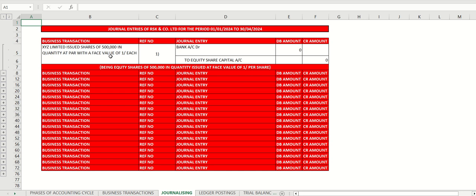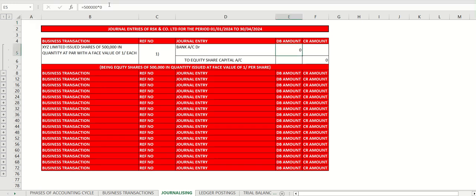And how much quantity had RSK and Co issued? 5 lakhs in quantity. So RSK and Co would be receiving that amount from the outside public in terms of bank. So the bank account is supposed to be debited, right? And the credit is required to be given to the equity share capital account, right?